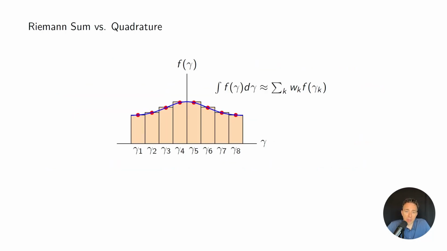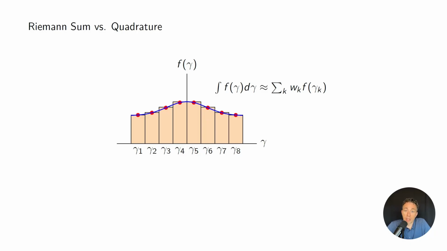And let's harken back to our intro calculus class where we first learned about what an integral was. At least when I was taught it, we talked about Riemann sums, and taking the limit of a Riemann sum approximates the integral. So as the Riemann sum has more and more of these bars that you see on the screen that become infinitesimally small, then it approaches what the integral is doing. So that's basically what we need to do.